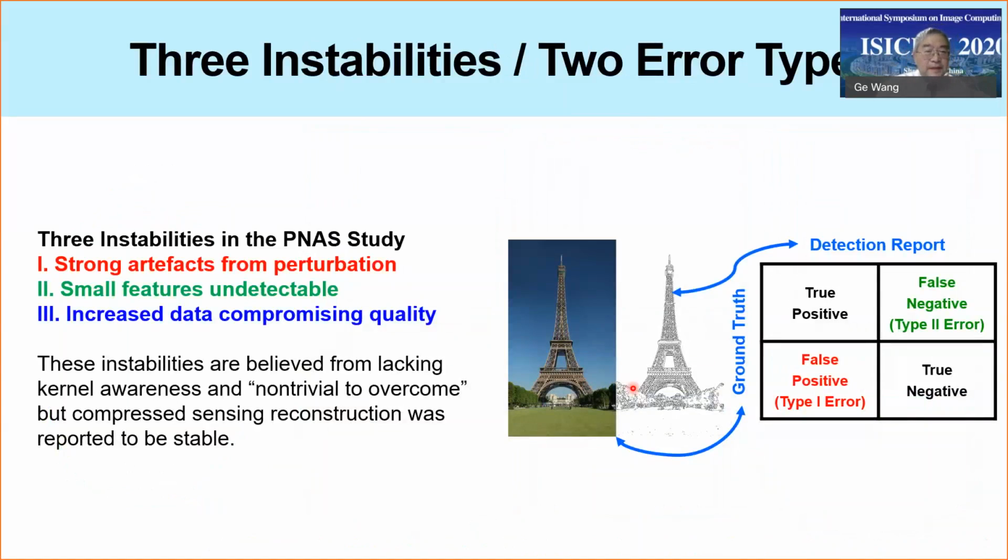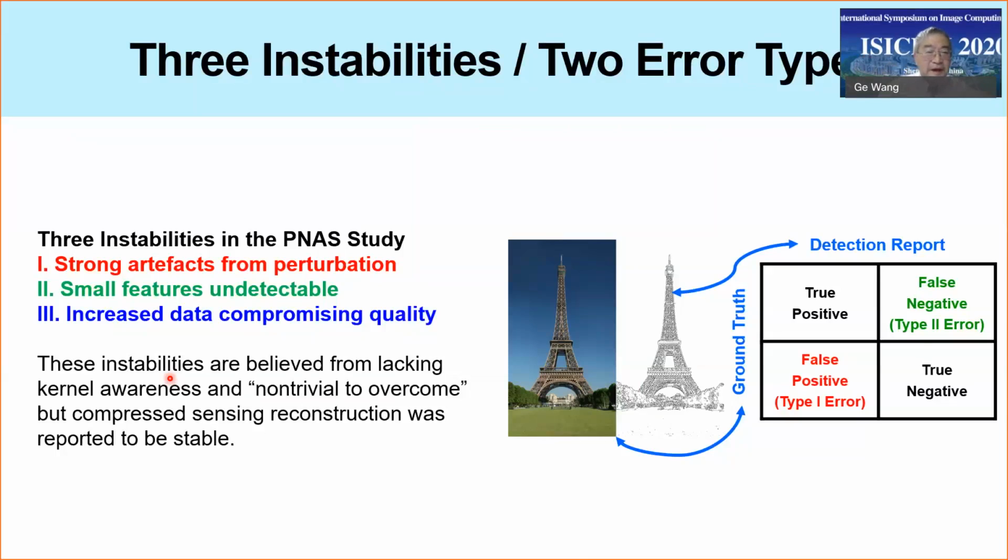The 3 instabilities identified in the PNAS paper I just mentioned are summarized here. Strong artifacts from a tiny perturbation is the first type of instability, and some small subtle features going undetected is the second type. The last one: you train a neural network with a small amount of input data, and later on, after training, you give the network more input data. With more data, supposedly you have more information, but the trained neural network shows decreased performance.